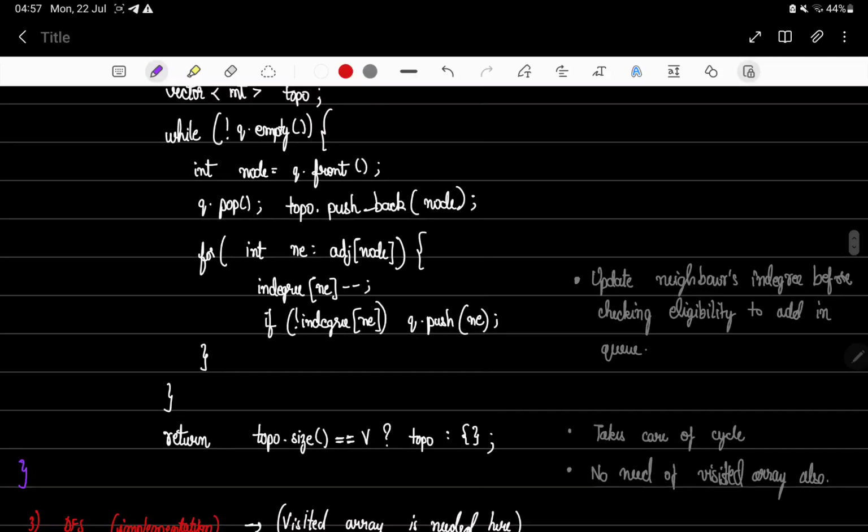When it goes into the while loop, I need to remove that, but before removing I grab it and go to all of its neighbors, and check if there is some node which, after the removal of this parent, gives me an in-degree of 0. As soon as the in-degree becomes 0 for any node, it means it is valid to consider that particular vertex in our queue.